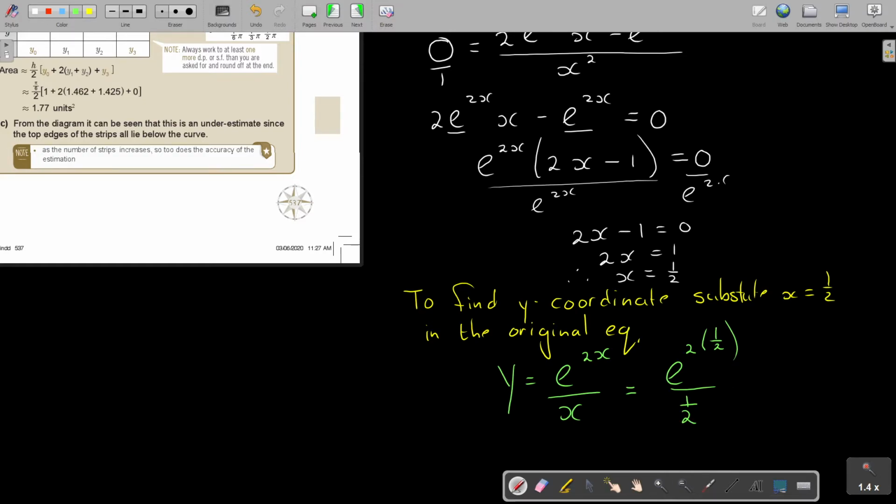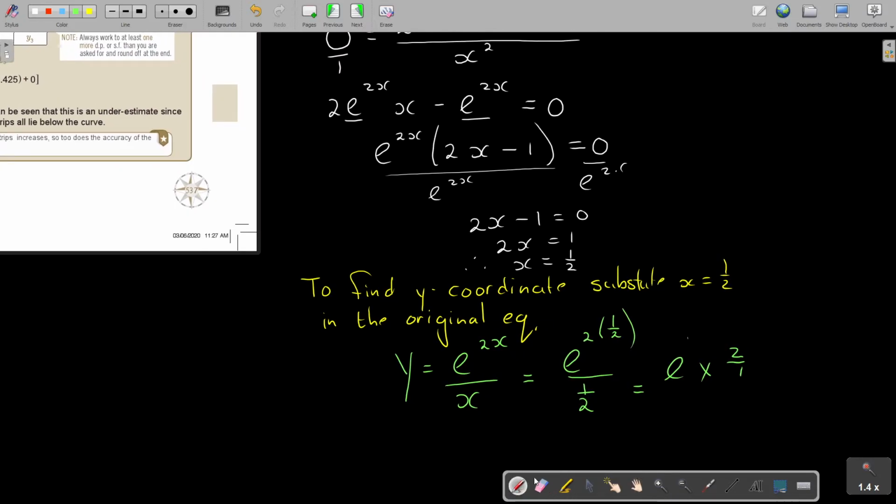Okay, and that is going to be e to the power 1, and I multiply with the reciprocal 2 over 1, so it's going to be 2e. So therefore, the coordinate point of M is a half and 2e. Leave it like that. Don't work it out. Don't approximate it. Okay, that was number A.